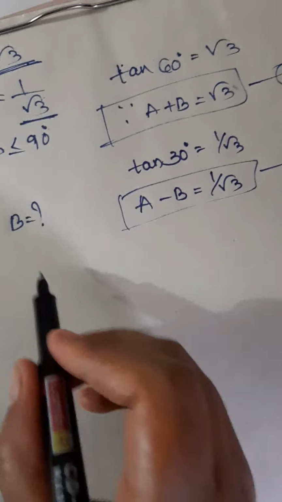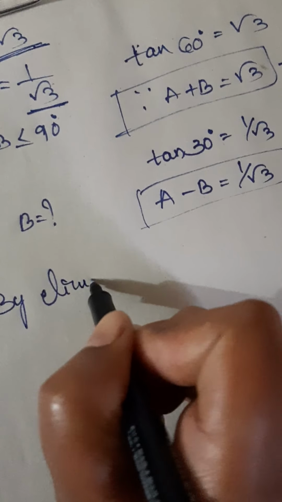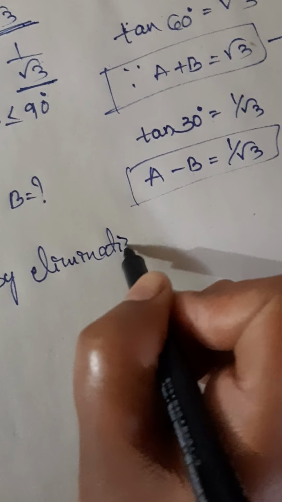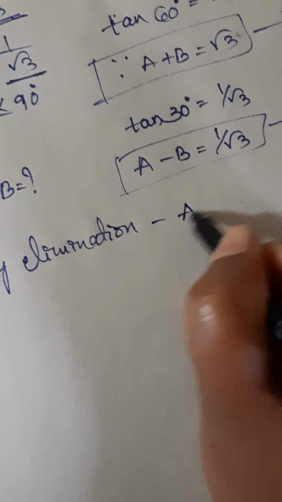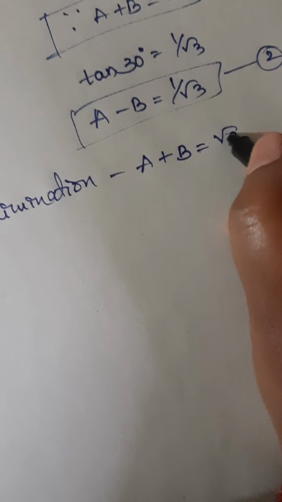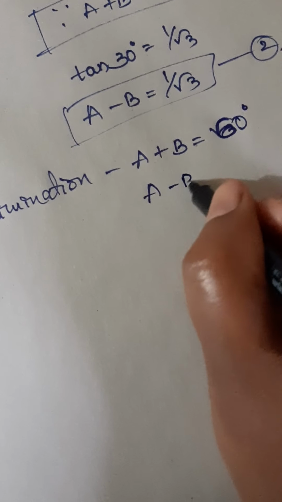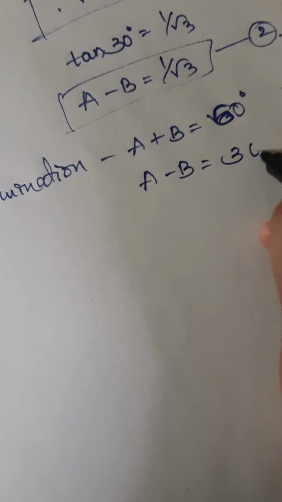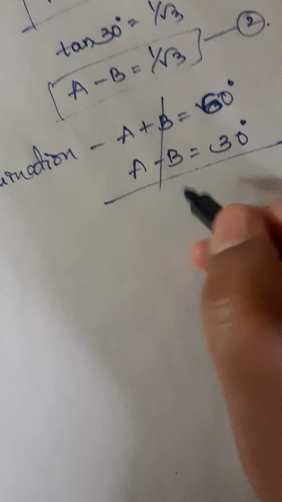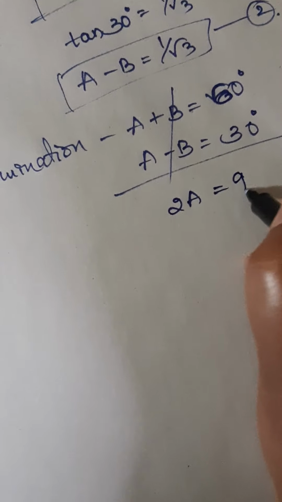From these two equations, by the elimination method, we will solve this one. A + B is equal to 60 degrees, and A - B is equal to 30 degrees. So to solve this one, the B cancels. 2A is equal to 90 degrees.